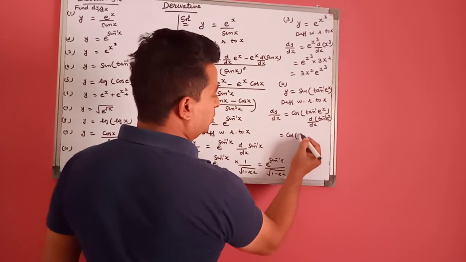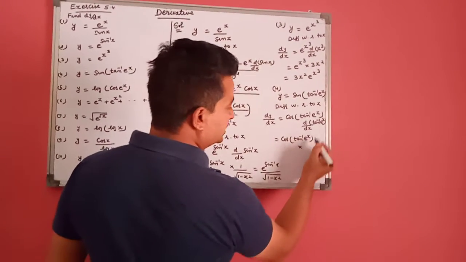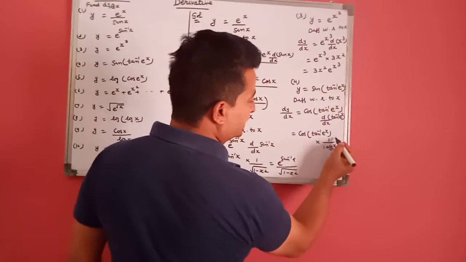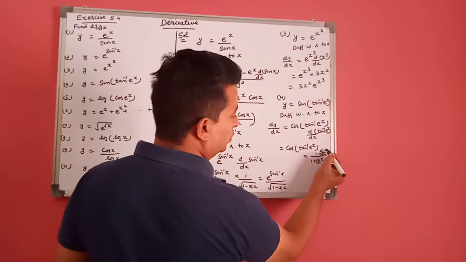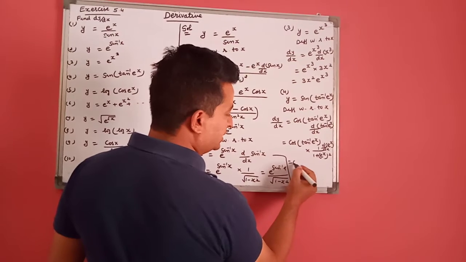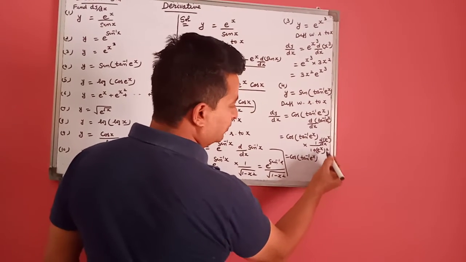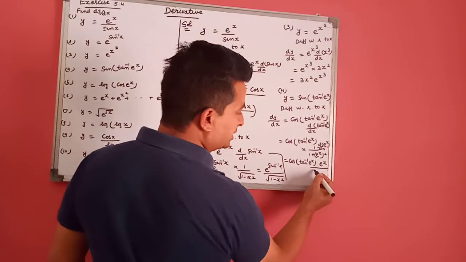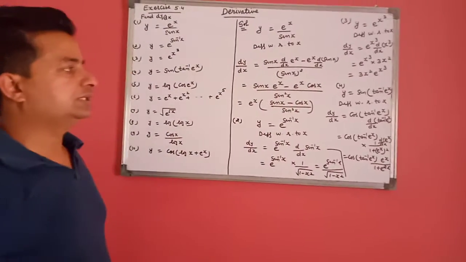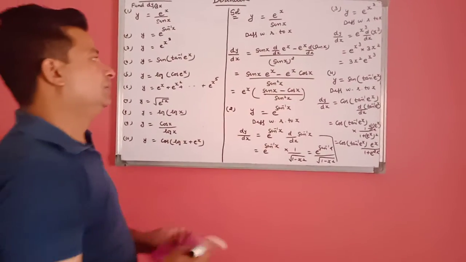This means cos tan inverse e^x, and differentiation of this is 1 upon 1 plus e^x whole square, into derivative of e^x. This means cos tan inverse e^x, differentiation of e^x is e^x, over 1 plus e^2x. This is the differentiation of the first 4 questions.